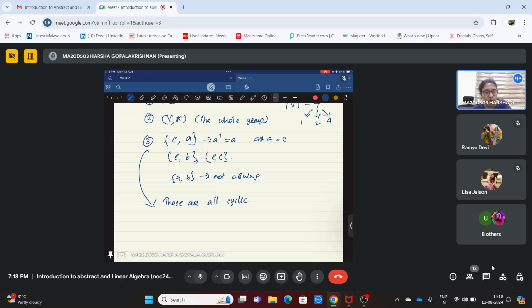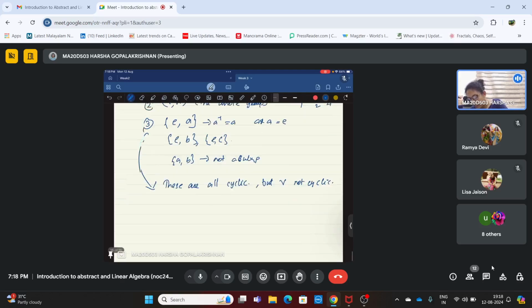If the original group is not cyclic, we can have the subgroup either cyclic or not cyclic. But if the original group is cyclic, the subgroup will always be cyclic. Here these are all cyclic, but V is not cyclic. Just mentioning that, that's all.